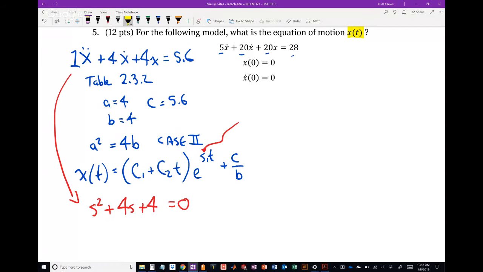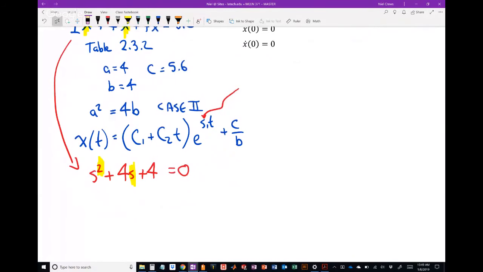The way we did that is we just take an x double prime and turn it into an s squared, an x prime and turn it into an s, and then an x just turns into nothing. And this is our characteristic equation.